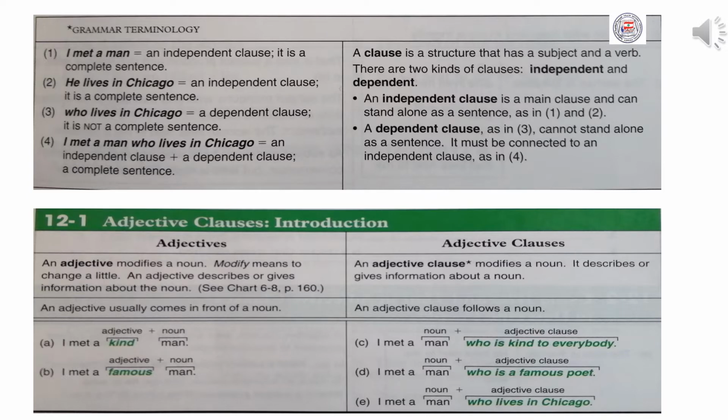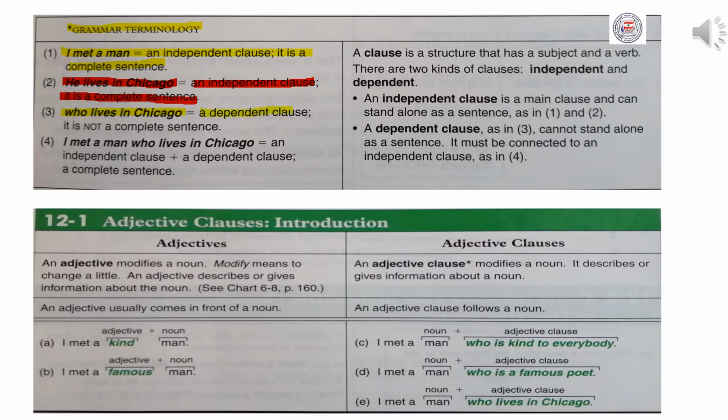Let's look at the grammar terminology. Number 1, I met a man. This is an independent clause and it is a complete sentence. Number 2, he lives in Chicago. This is again an independent clause that can form a complete sentence because it can stand on its own. 3, who lives in Chicago?